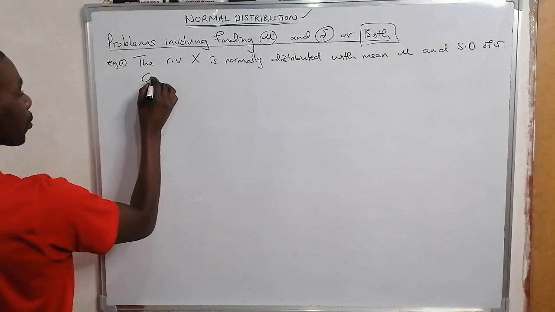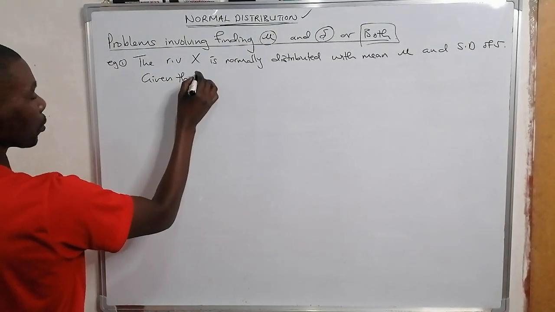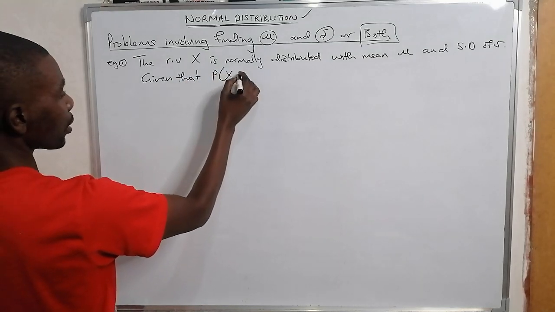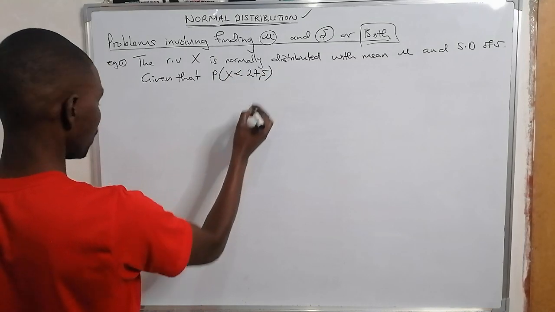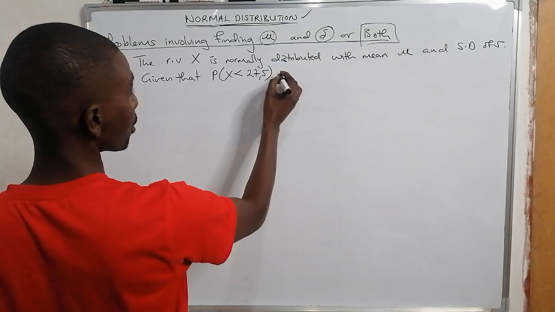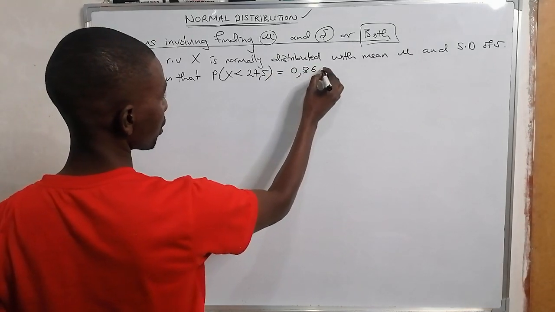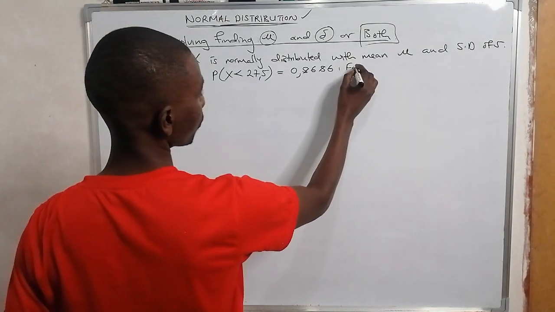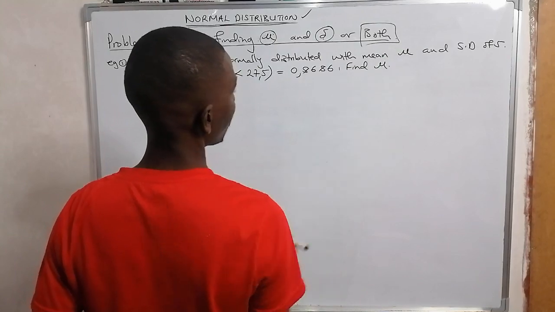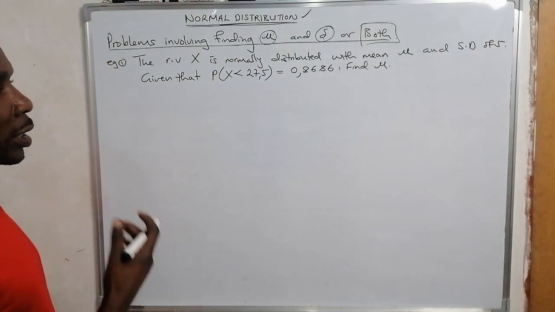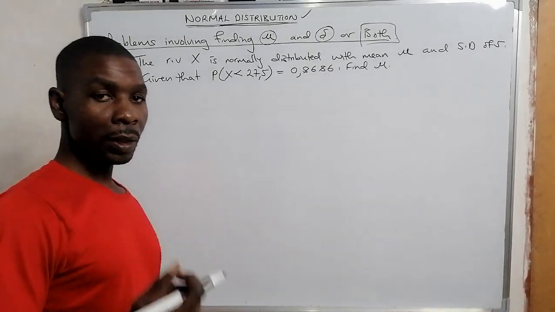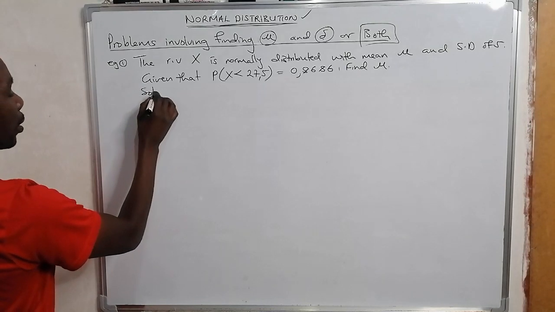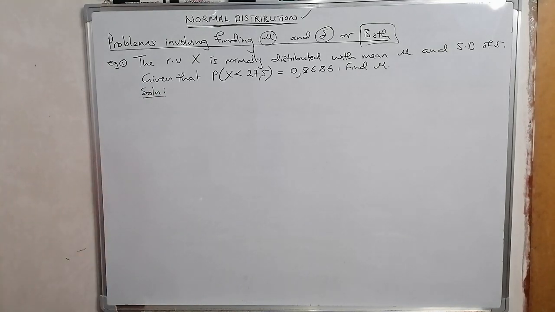Given that the probability of x less than 27.5 is equal to 0.8686, find mu. You can pause this video and attempt the question, then compare your answer with my solution.